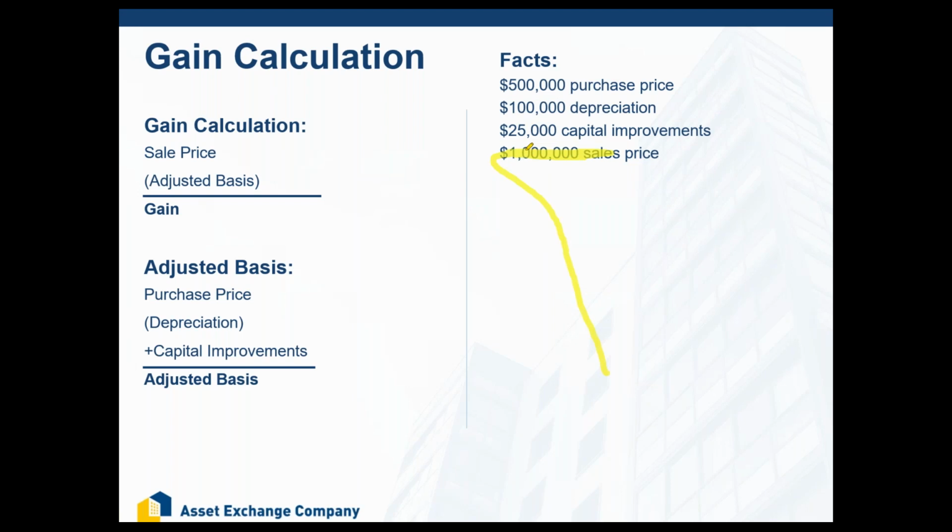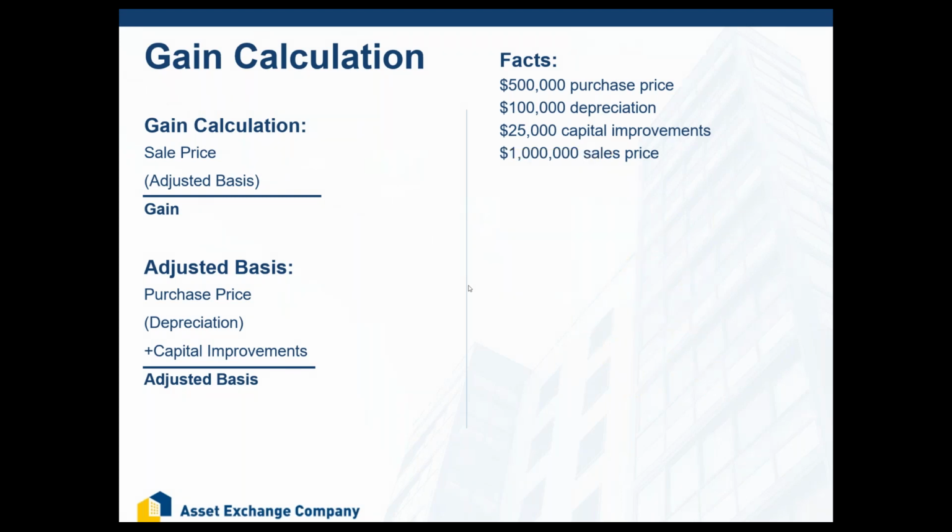And please note, ladies and gentlemen, I said net sales price after commission and closing costs. So I was in contract for $1.1 million, but I had $100,000 of commission and closing costs to pay. So my net sales price is $1 million. Right? So we're always going to reduce our sale price by the commission and closing costs to get to our net sales price. All right?